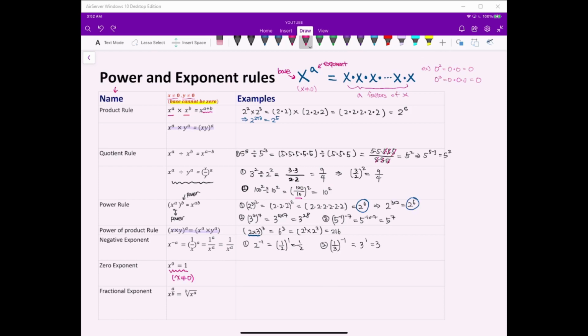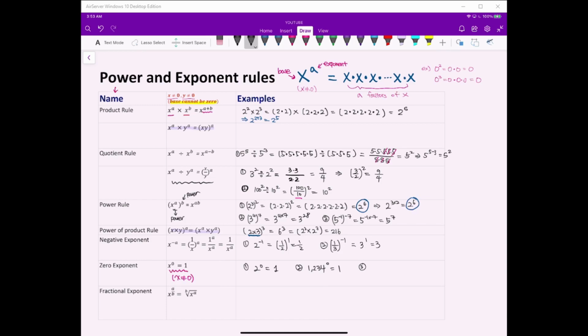For example, 2 to the 0th power equals 1, and 1234 to the 0th power will also be 1.